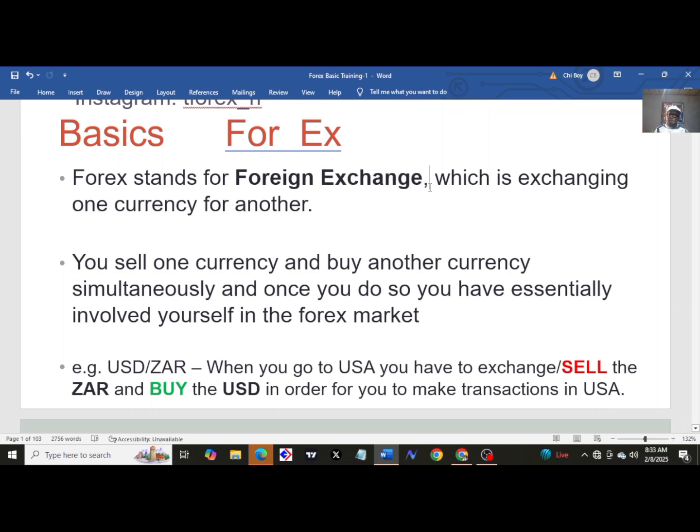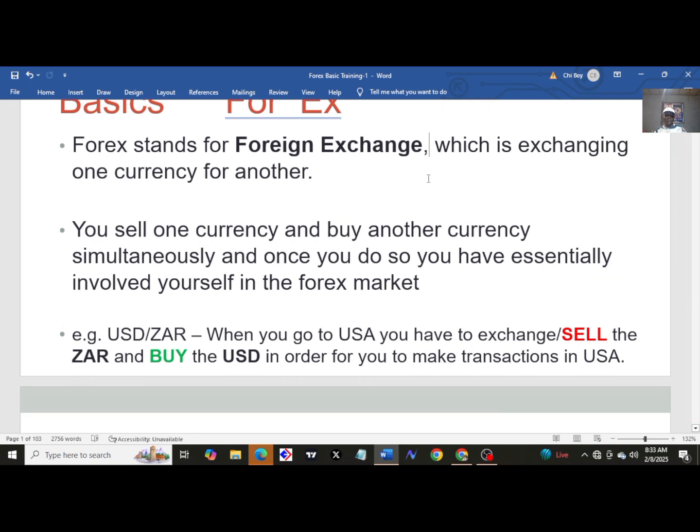So forex is foreign exchange, which is exchanging one currency for the other. You sell one currency and buy another currency simultaneously, and once you do so, you have essentially involved yourself in the forex market.